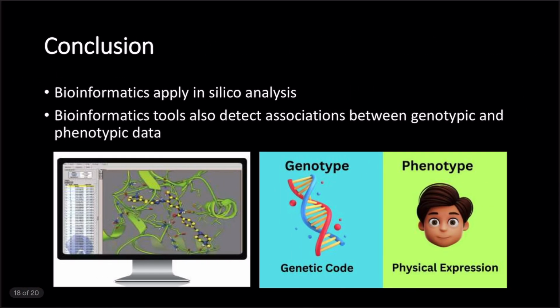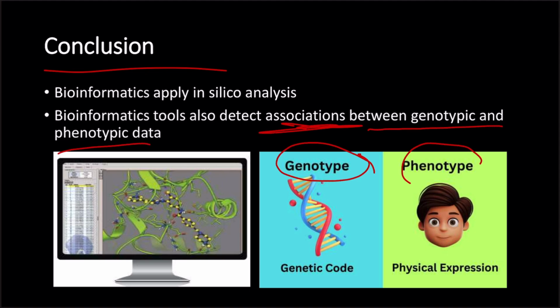Now coming to the conclusion. Bioinformatics basically applies in silico analysis and solves biological problems using mathematical and statistical techniques, and bioinformatics tools also detect the associations between the genotypic and the phenotypic data.